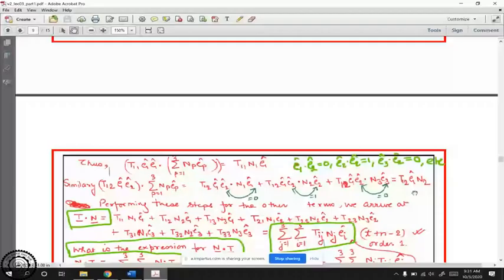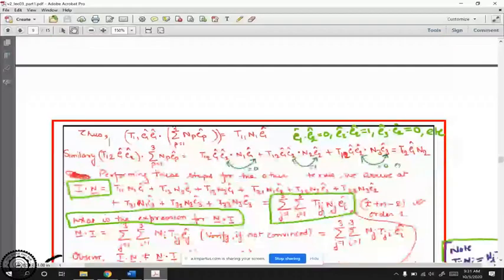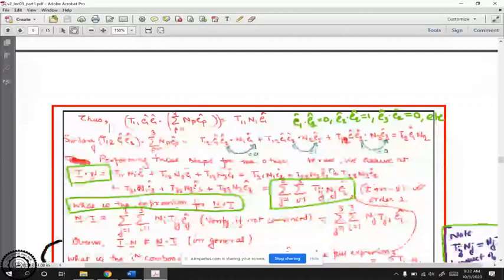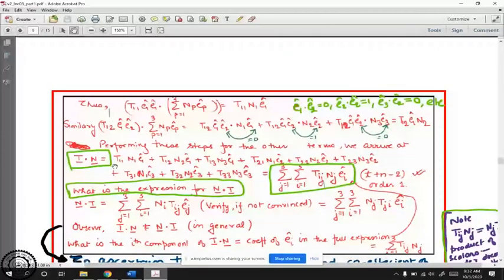I don't know how clear I am, because I don't know how effective this cursor movement is on your side, but if you observe it closely, you will see there is a pattern, and based on that pattern, you really don't have to keep expanding it every time. Recognizing that pattern, you can write that T dot n for this example will give these terms.